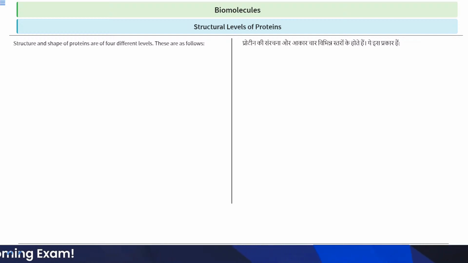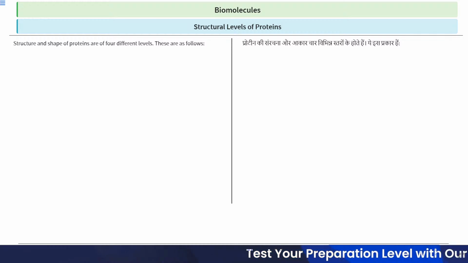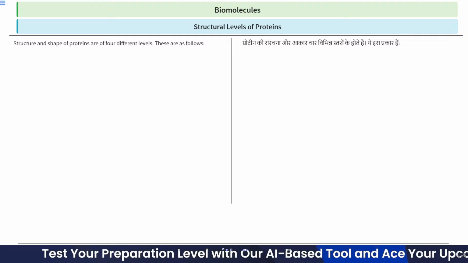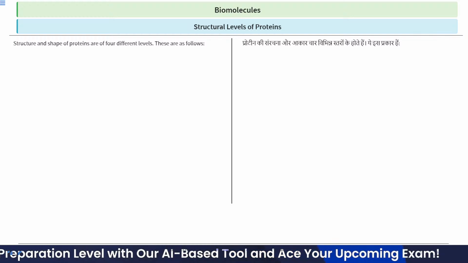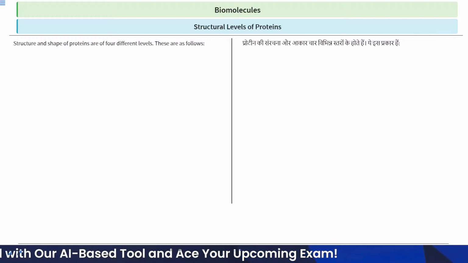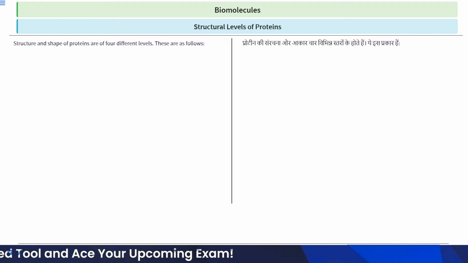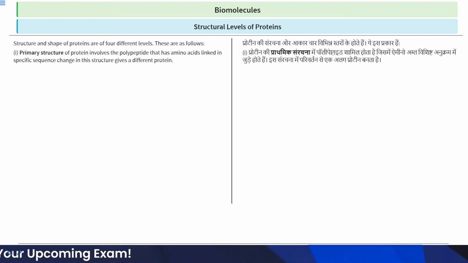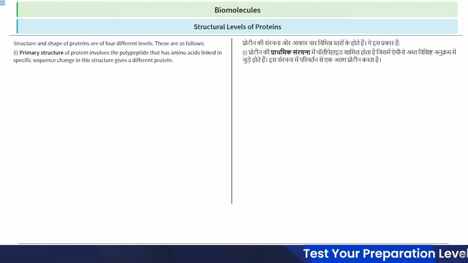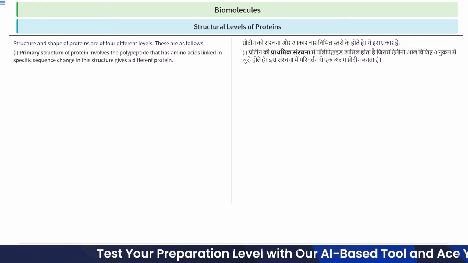Structural levels of proteins. The structure and shape of proteins are of four different levels. They are primary structure, which involves a polypeptide that has amino acids linked in a specific sequence.